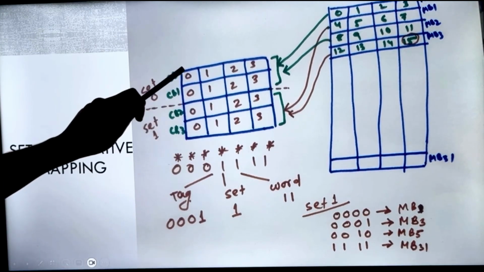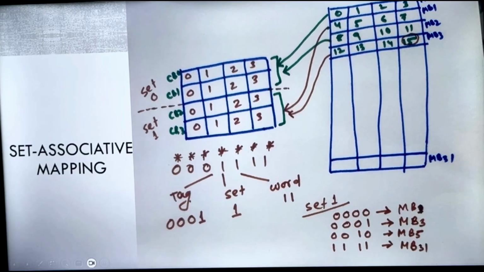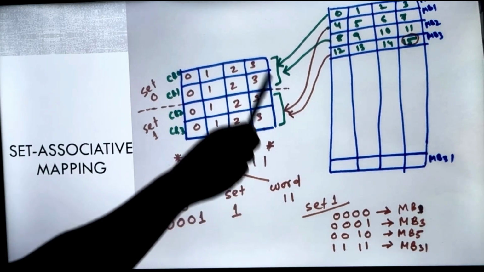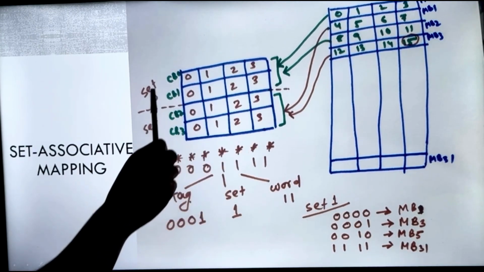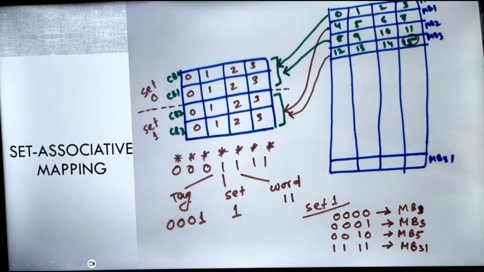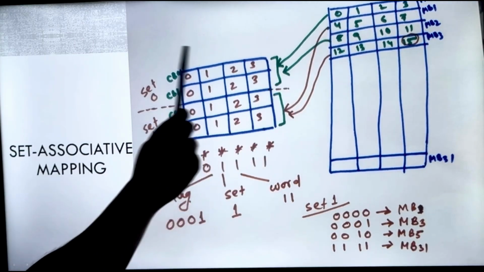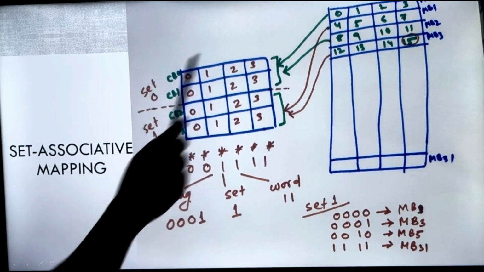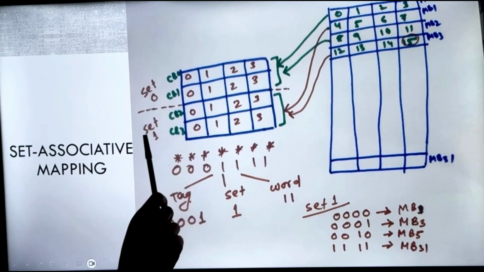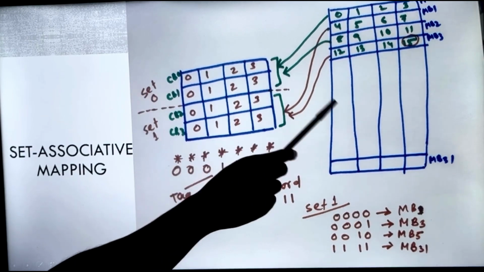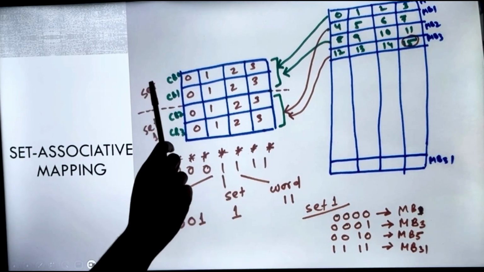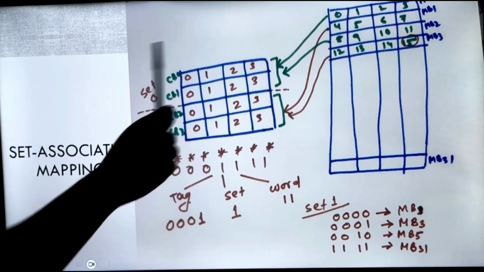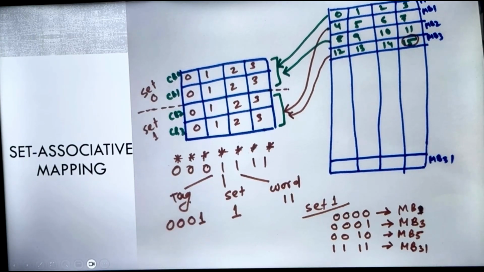Here is an example of two-way set associative mapping, where I had a total of 4 blocks and divided them into two parts, set 0 and set 1. Understood? MB0 can go to any cache block, but inside set 0 only. MB0 goes to set 0, MB1 to set 1, MB2 to set 0, MB3 to set 1, MB4 to set 0, and inside the set it can occupy any one of the spaces.